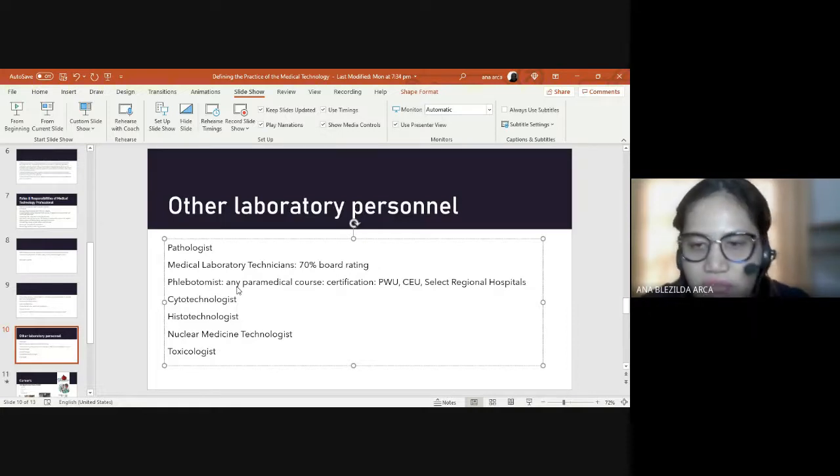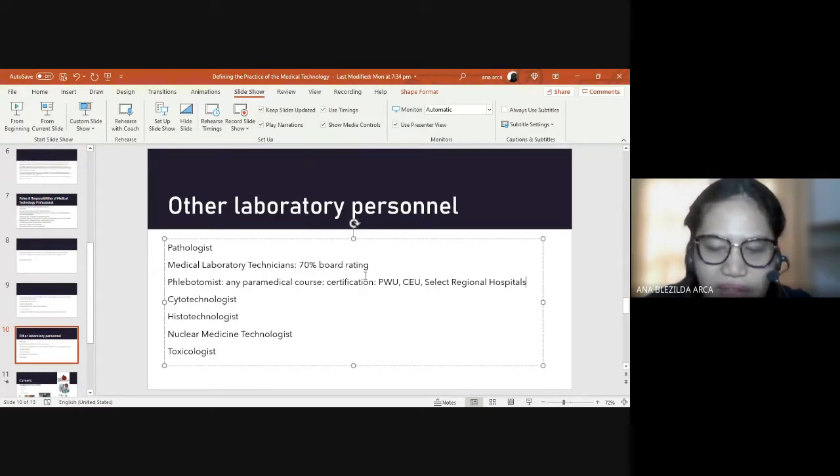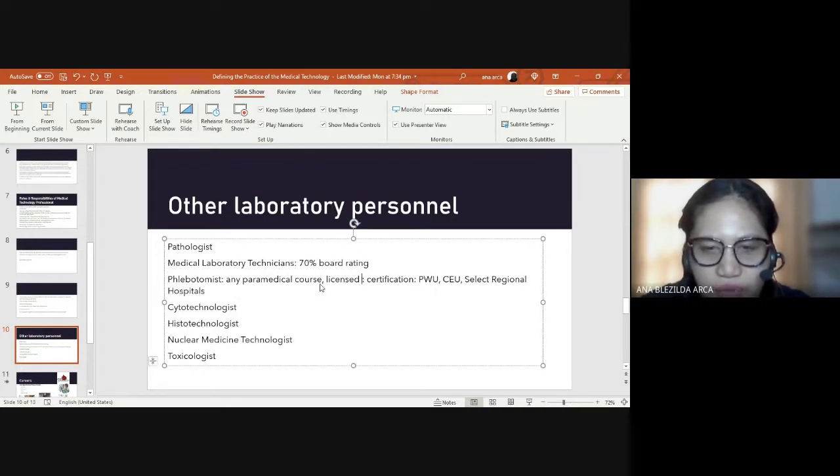So, kapag certified phlebotomist ka, then, pwede ka na mag-collect ng mga blood. Okay? So, in the Philippines, ang requirement dyan is dapat ikaw ay under the paramedical course, and then, you are a licensed professional. Ibig sabihin noon, example niyan is, ikaw ay isang RN or registered nurse.